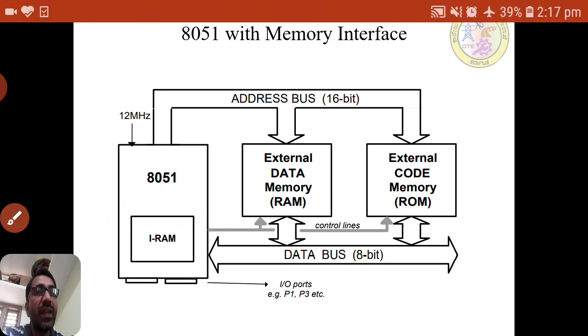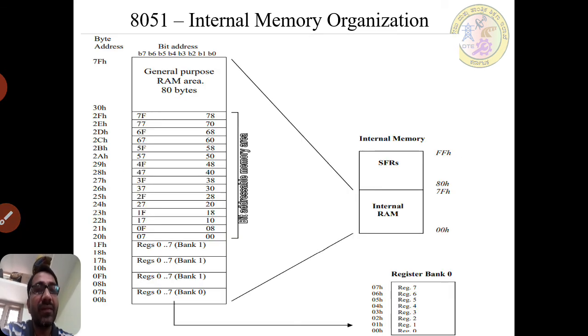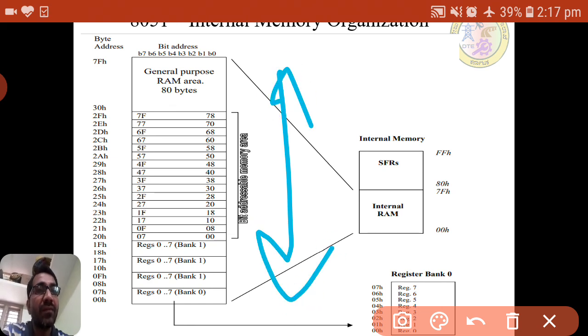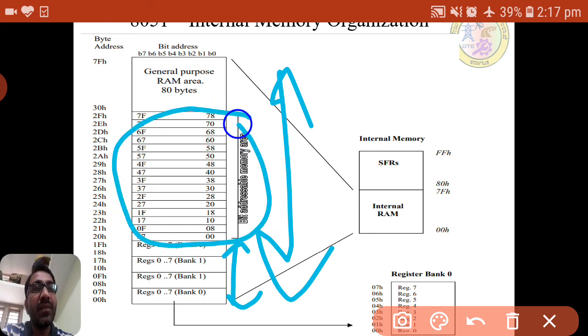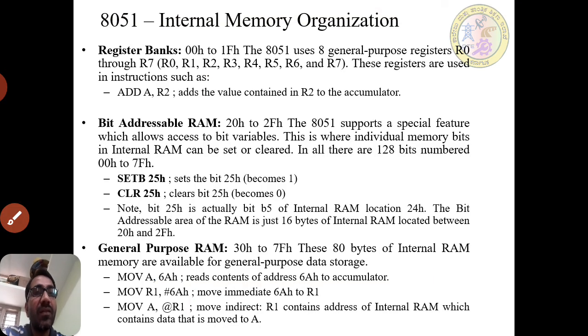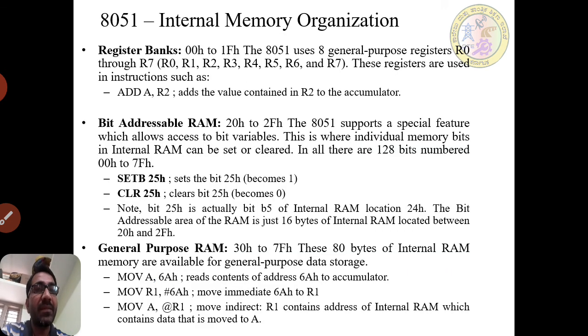Today we have seen the internal RAM structure of the 8051. It has a total of 128 bytes of memory, with 4 register banks, a byte addressable area, a bit addressable area, and the special function registers. Through instructions we can use the bit addressable and byte addressable areas.